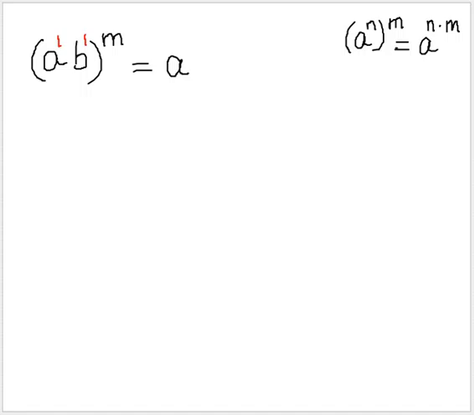If I apply this, if I had a to the power of 1, instead of n, and then to the power of m, wouldn't it be obvious that that would be a to the power of, instead of n times m, 1 times m? So what do we have here? That would be a to the power of 1 times m, which is m.